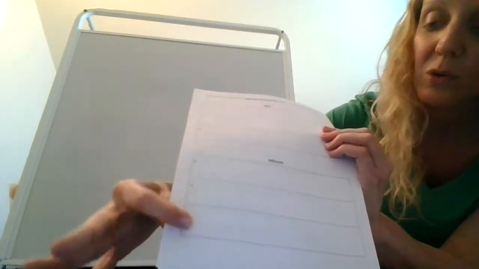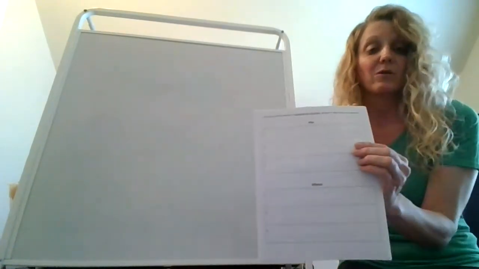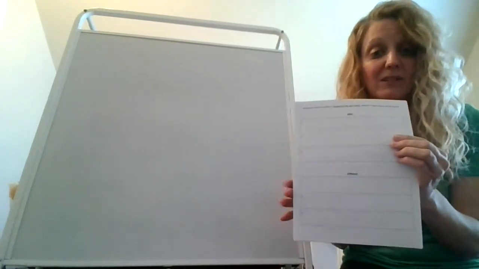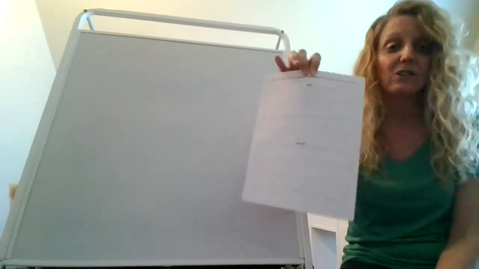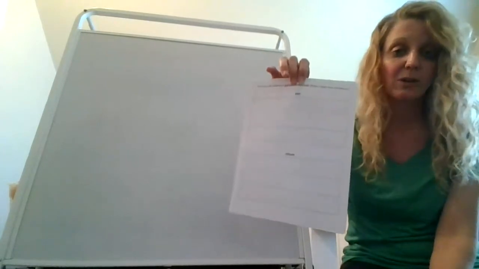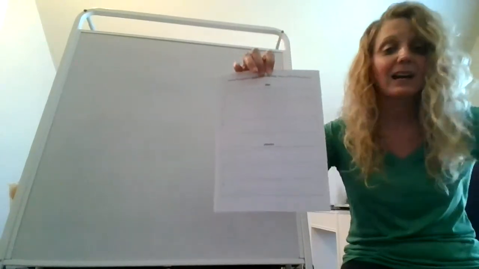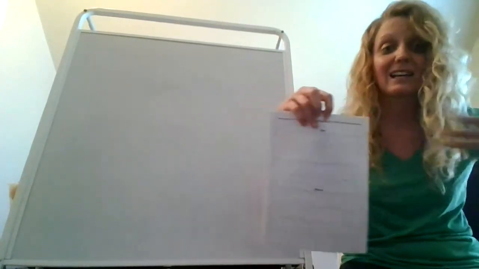So you're going to write 3 ways they are alike, and 3 ways they are different. So after you've listened to the story and you've read the story, then day 4 will be your day to write. This page is also in the email I sent to your parents, but if they can't print it off, don't worry, because you can write 3 ways they're alike and 3 ways they're different on any paper that you have.